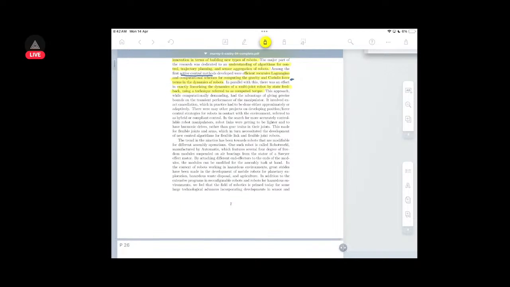So computed torque also was developed, to provide linearizing of the dynamics of a multi-joint robot. It also involved exact cancellation, which in practice had to be done either approximately or adaptively.